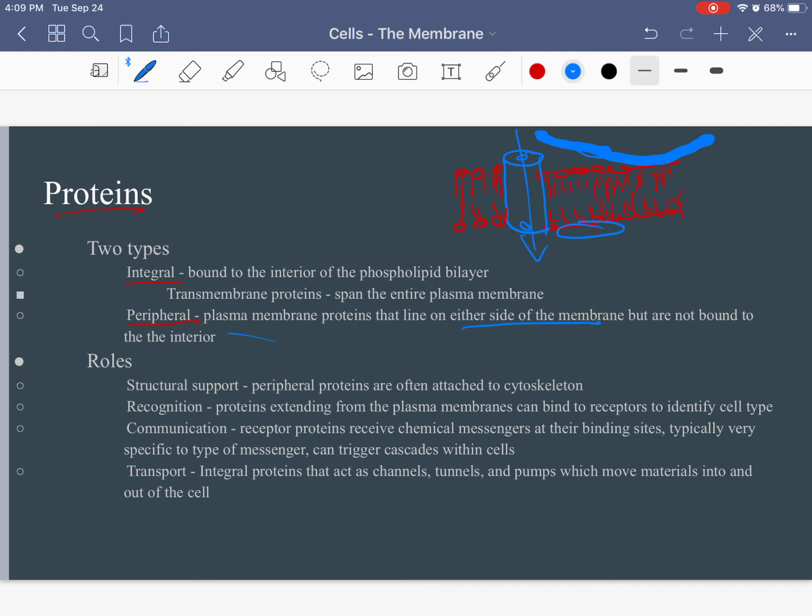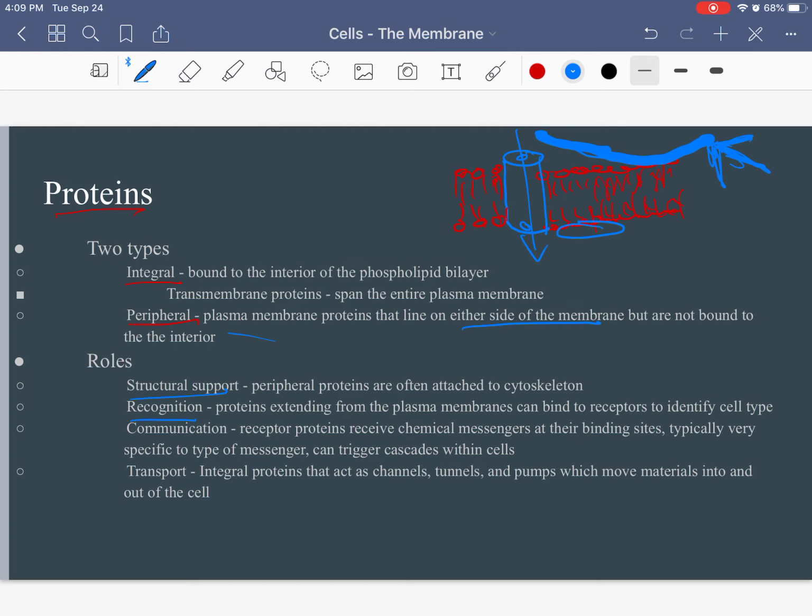And they do so many things for our cells. They provide structural support, such as this one right here. You can see these proteins inside the cell, and you can sometimes see them outside of the cell too. Recognition, like hello, my name is. Proteins will extend from the plasma membrane so that other cells around it can recognize what type of cell it is.